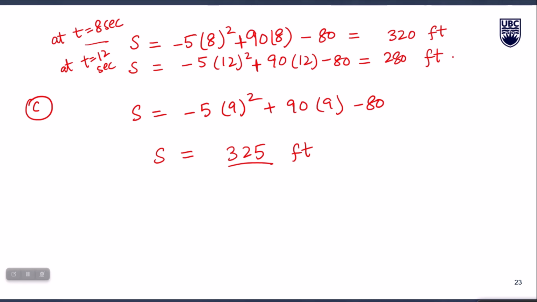It simply wants you to understand that whenever velocity changes its direction, you should be able to physically interpret that displacement also changed its direction. So the maximum displacement which that particle took was at the time when velocity was 0, and that time you already know was 9 seconds. So simply put 9 as the time in your s versus t relationship and get this number as 325 feet, right? That was the case when acceleration was constant.